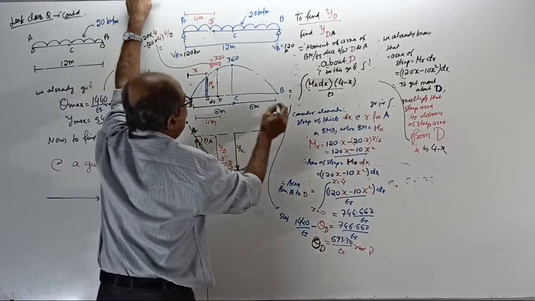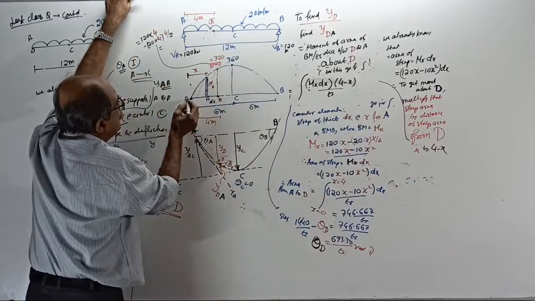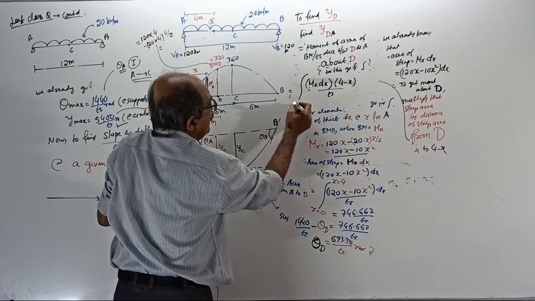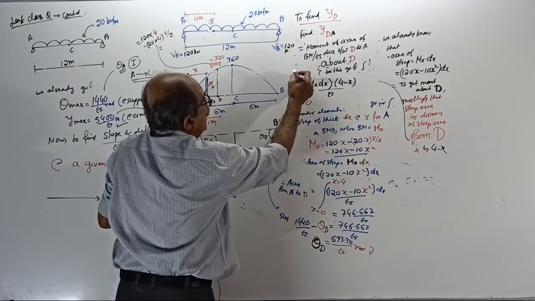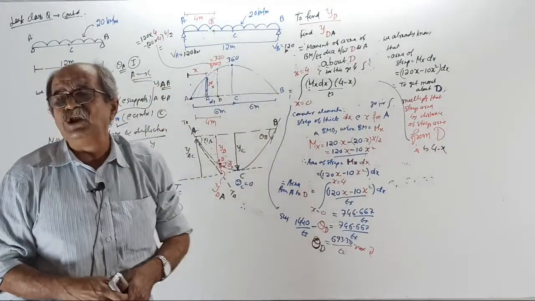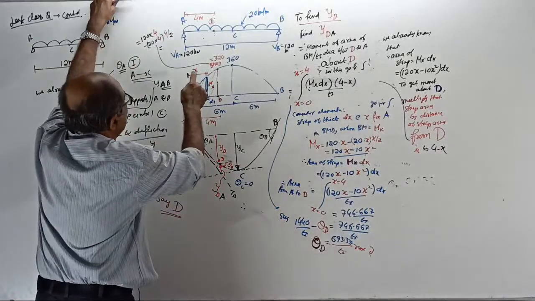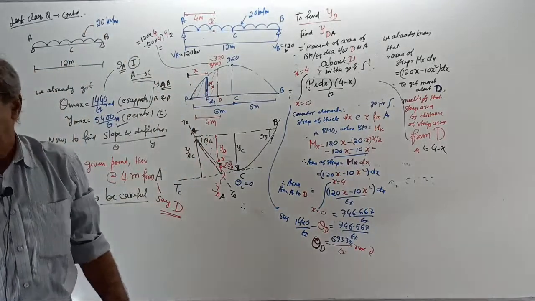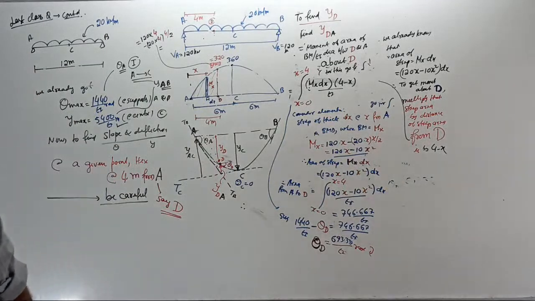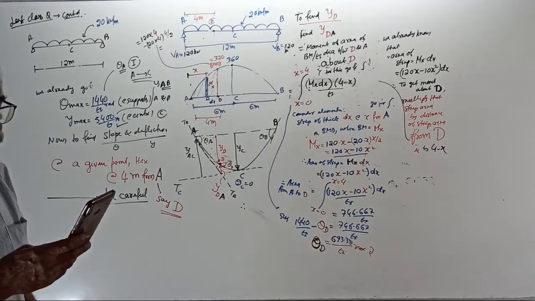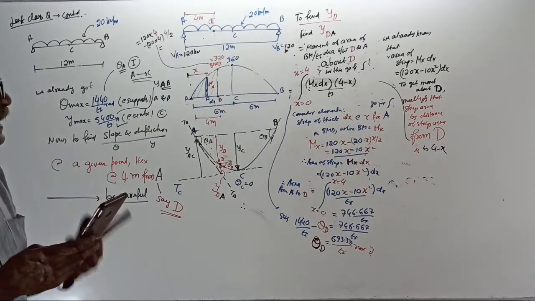So the lower limit of x is 0, and the upper limit of x is 4 meters. Why? Because we want x to vary from 0 to 4. If you tell me clear, I will close it.